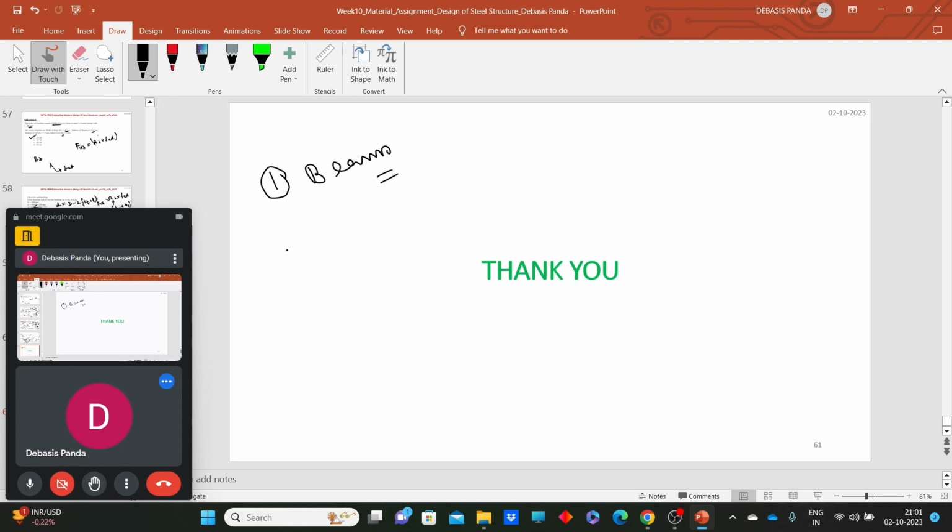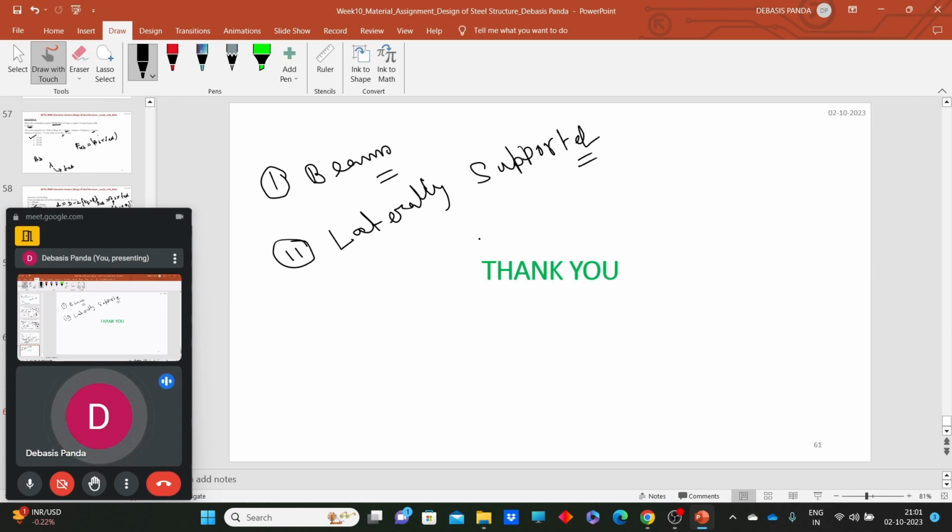Then we learned about laterally supported beams, how we can calculate the design bending strength, how to design them, all these things. And thirdly, we have seen the laterally unsupported beam.